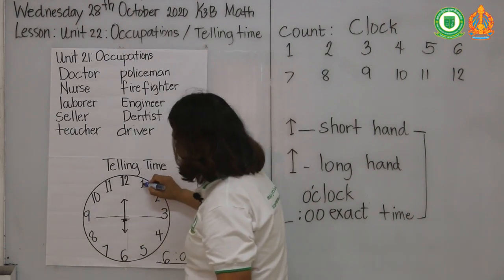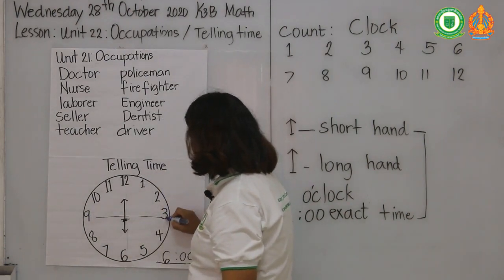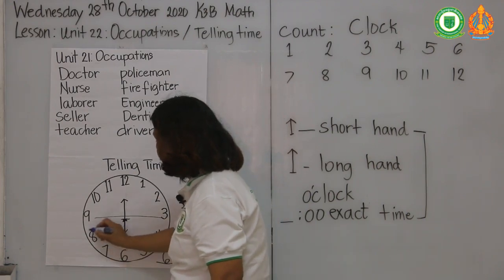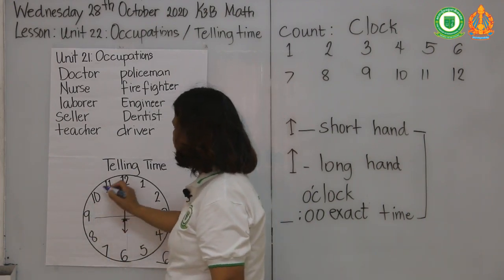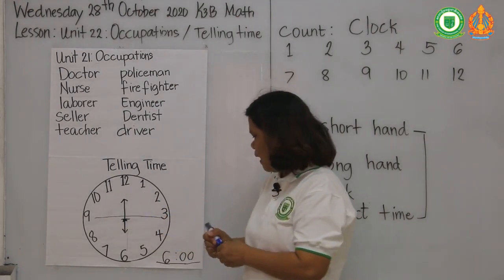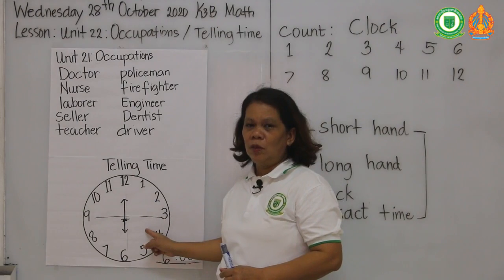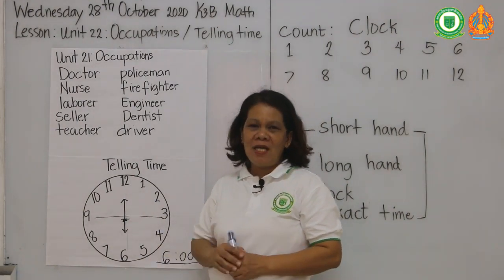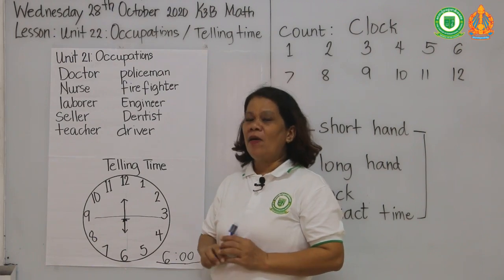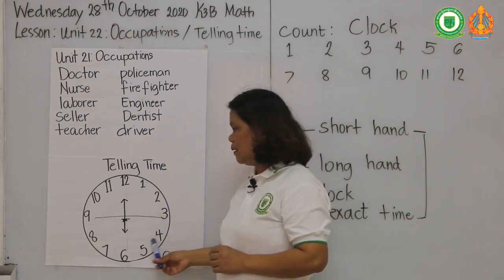Then write 1, 2, 3, 4, 5, 6, 7, 8, 9, 10, 11, 12. Please copy this in your notebook. I want to see a big clock in your notebook, and please write the numbers properly.